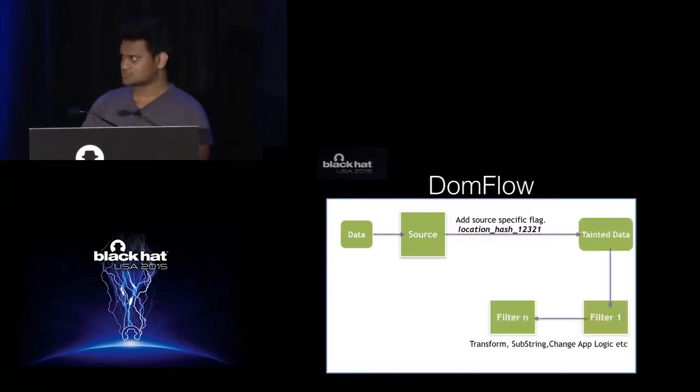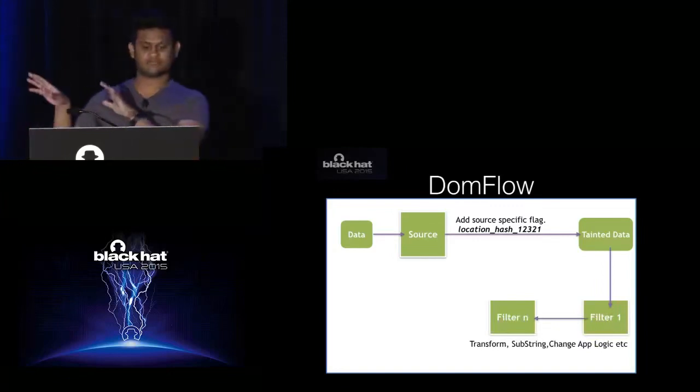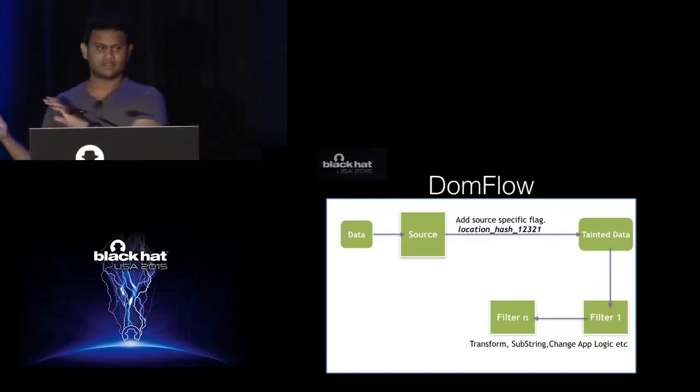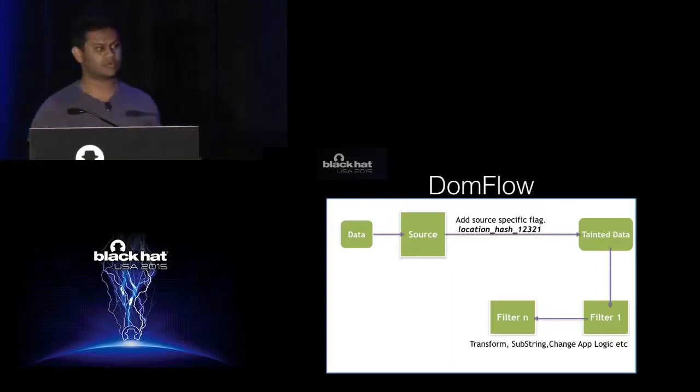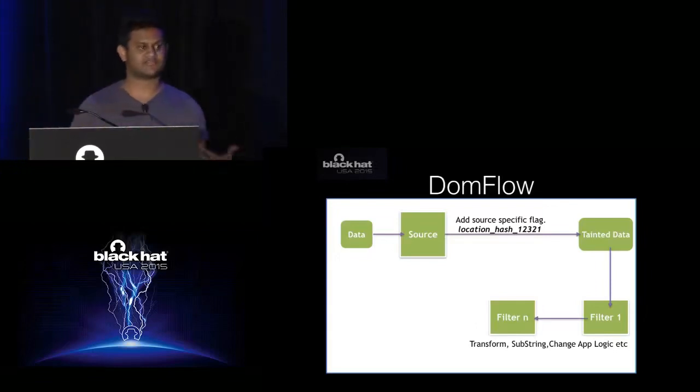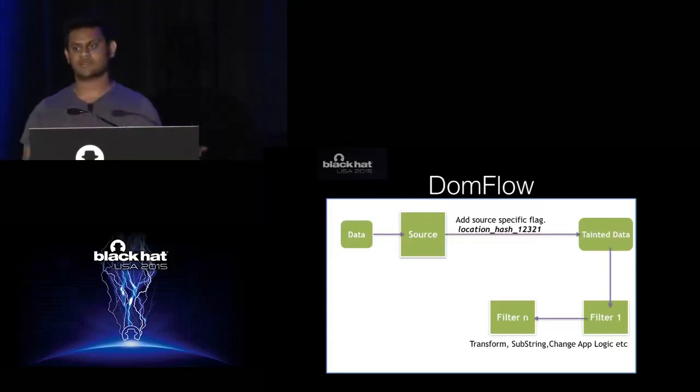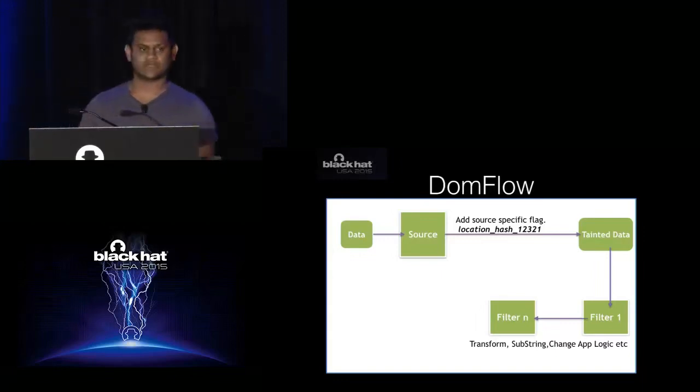One thing to note here is, of course, this level of tracking sources to sinks is nowhere close to how you would do it with native level or V8 level taint tracking. That's the most exhaustive and complete way of analyzing sources to sinks.